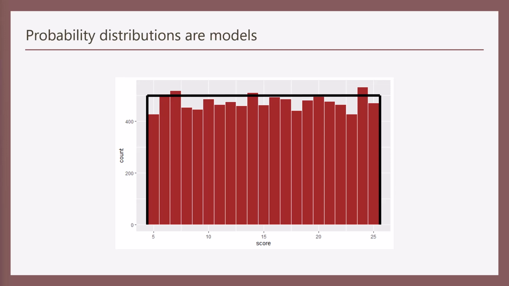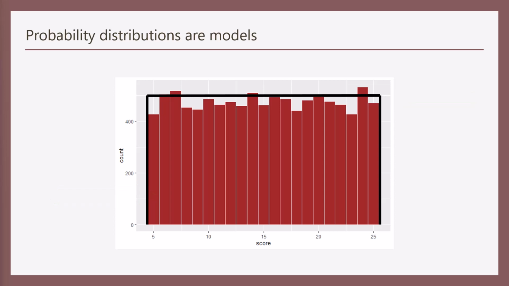Now, an important point that I will make repeatedly is that this mathematical model is a model of our population data, and we're looking at sample data. We're not ever going to have the population data. So we're making a guess from the sample data what the population data might look like.